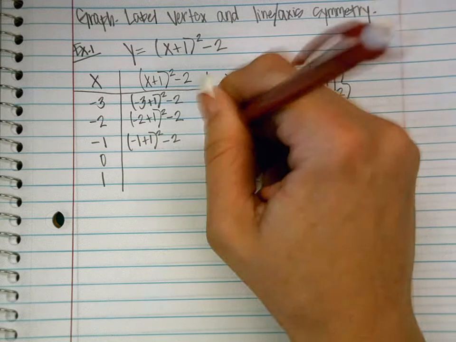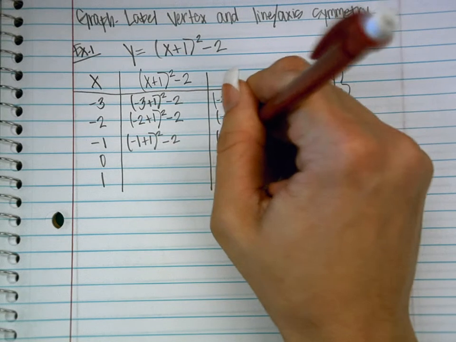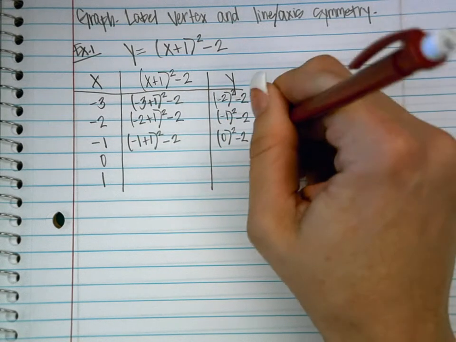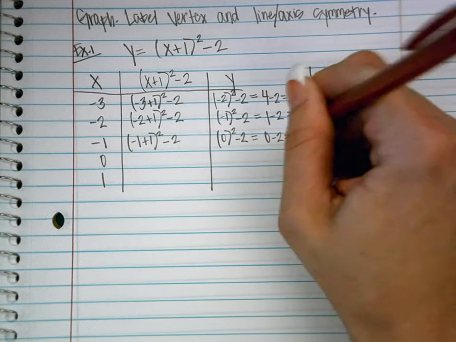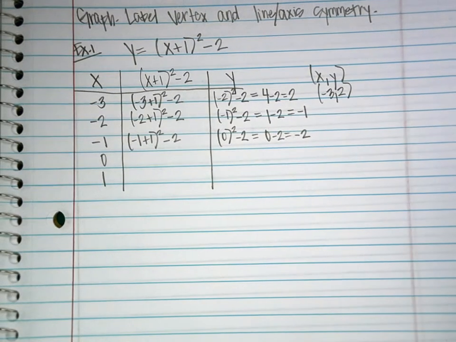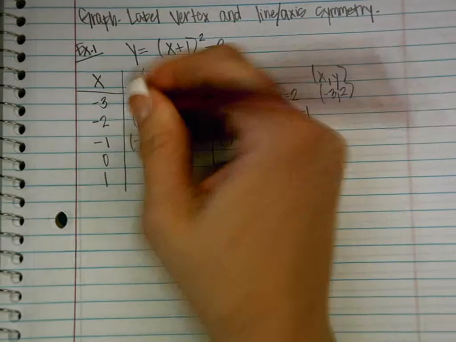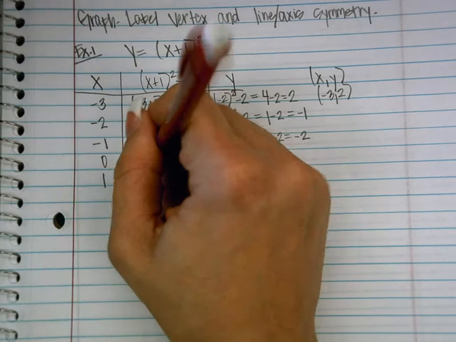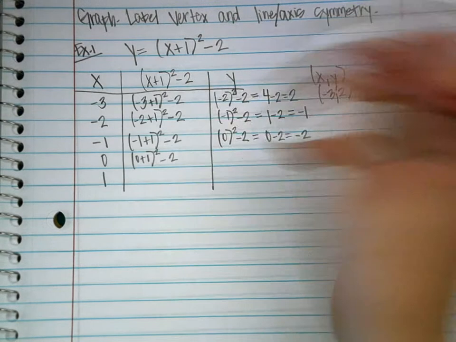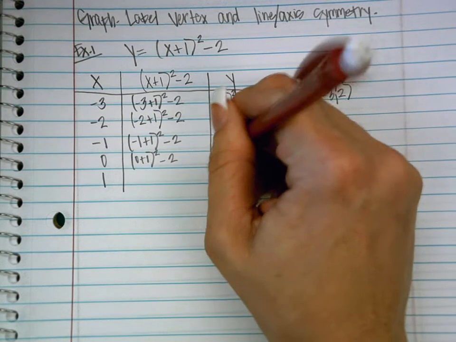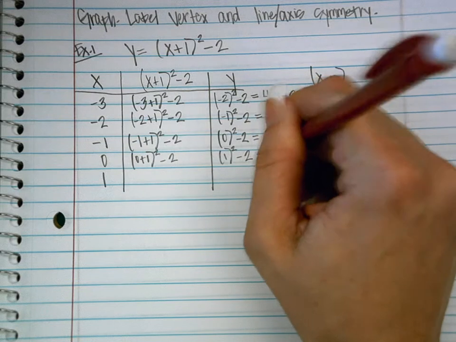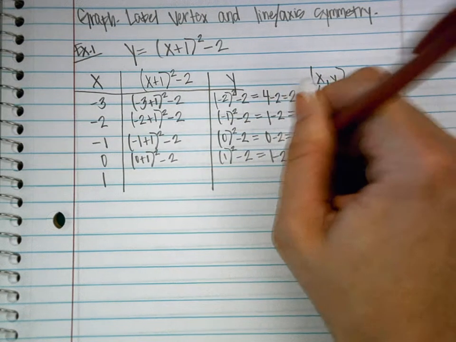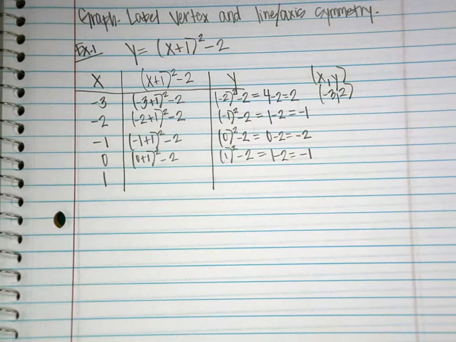So -1 plus 1 is 0 squared minus 2. 0 minus 2 gives you a -2. Plug in 0 plus 1 squared minus 2. So that's 1 squared minus 2. 1 minus 2 is -1.